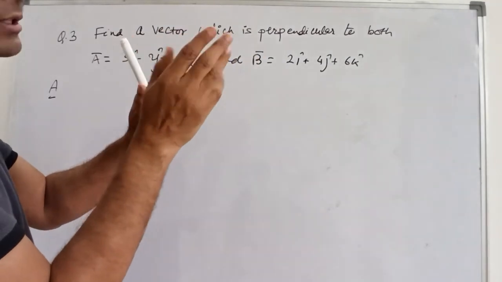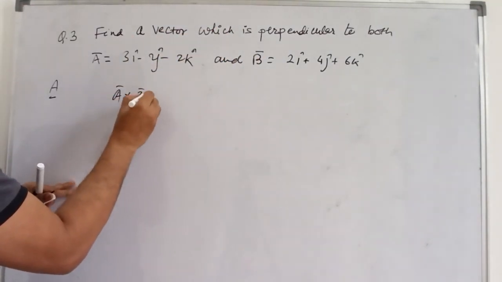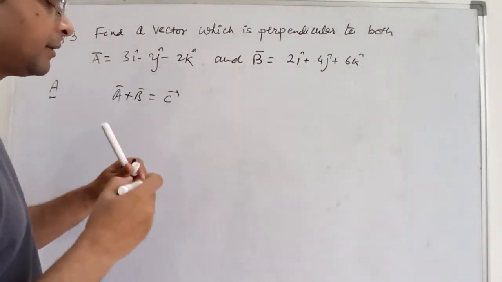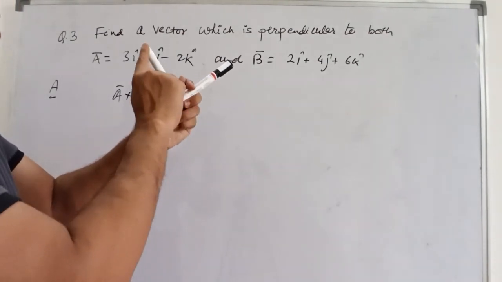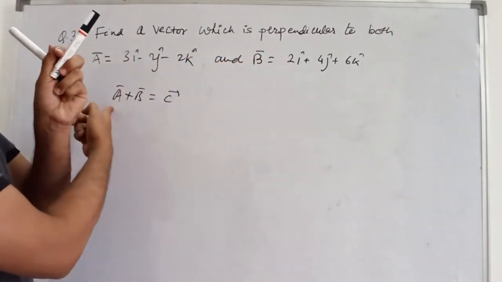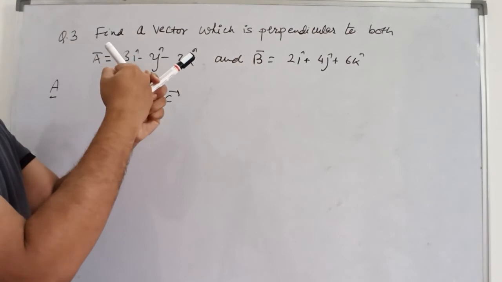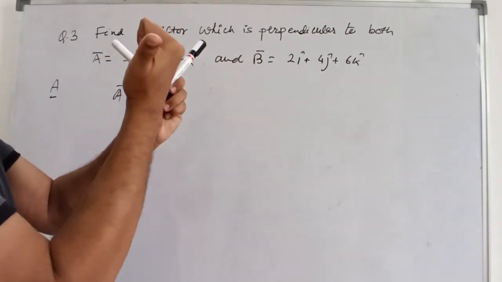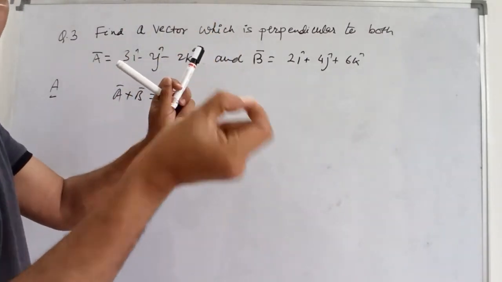We are about to find A cross B, let it be C vector. Put the four fingers towards A vector, the left one, and bend it towards B vector, the second vector. If you are bending like this, I am getting the thumb exposed towards the viewer, towards you. So this is your A cross B only.